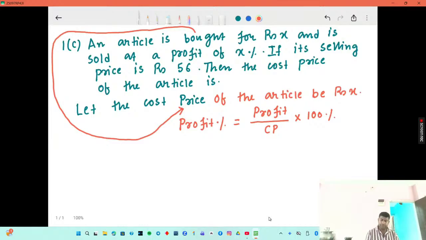So can we write this one? Profit percentage is equal to profit by cost price into 100%. Now we will just put the values in this equation. Is it clear to you?